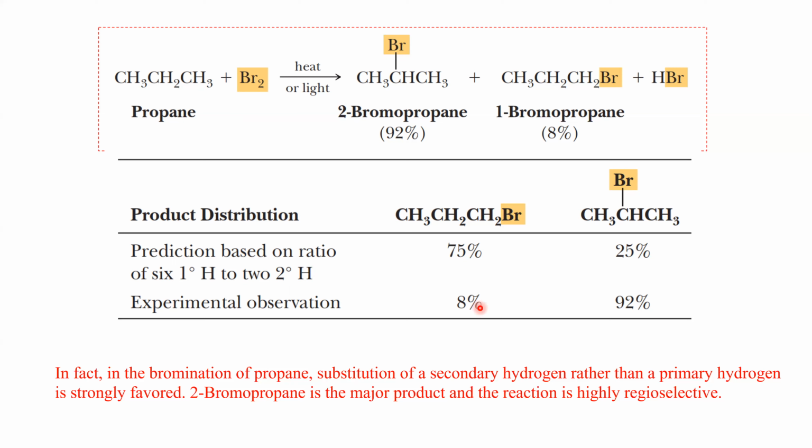So if you have to quote the percentage of the product, it is on the basis of that regioselectivity, not on the basis of the number of primary protons available. So this is the difference in the prediction on the basis of the number of protons, and this is the actual percentage on the basis of the regioselectivity.